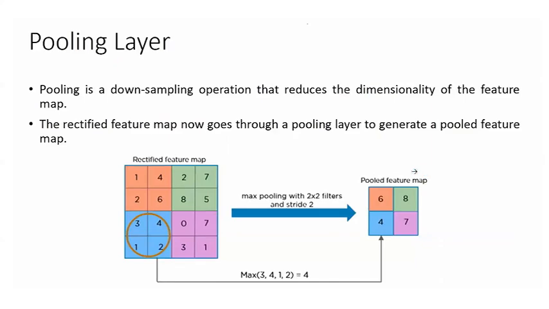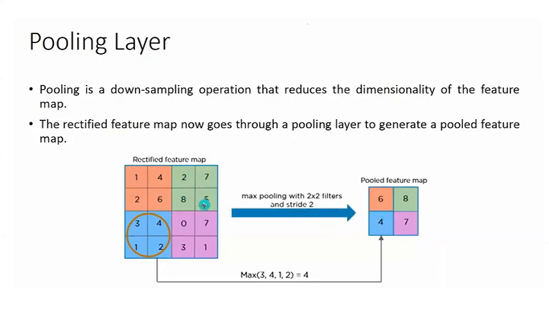Then there's another technique called the pooling layer. What we are going to do is divide it into 2 by 2 filters, and we try to get the maximum. Average also we can get. Here, if you consider these 4 cells, the maximum is 6.